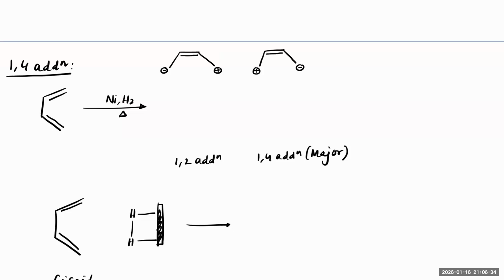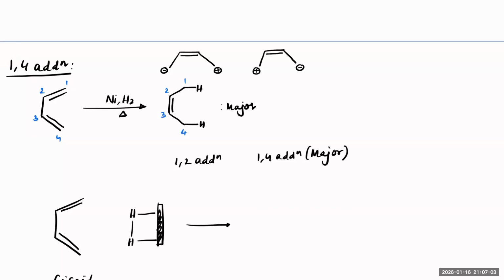Okay. This helps much more easier for hydrogen to get added. One hydrogen on this end and one hydrogen on this end. Therefore, the major product what you will get is like this. One hydrogen here, and a double bond here. This is major product. And because the hydrogen is getting added on these positions, if you notice 1, 2, 3, 4, 1, 2, 3, 4.